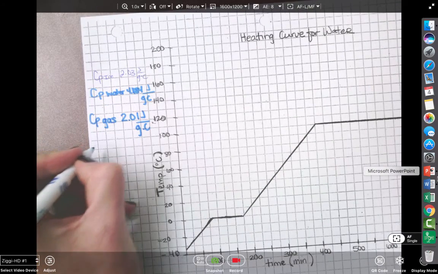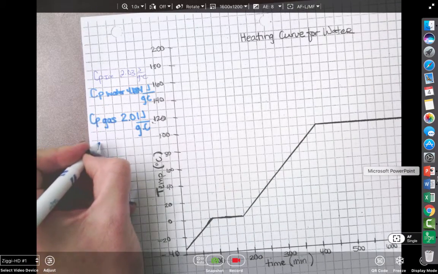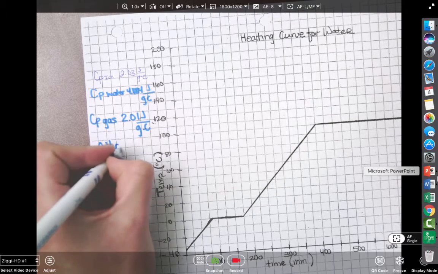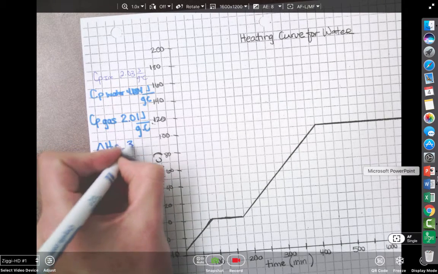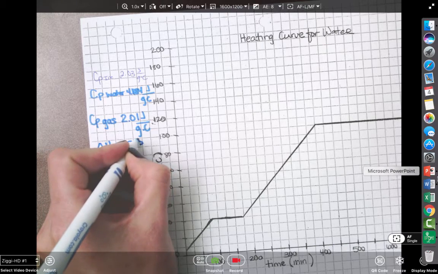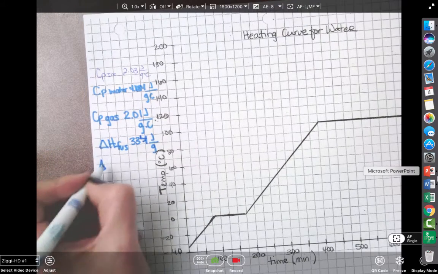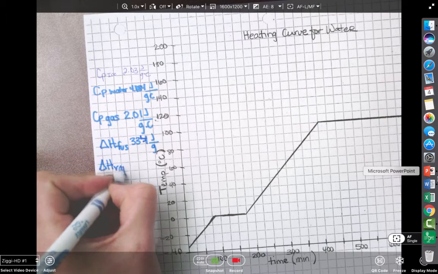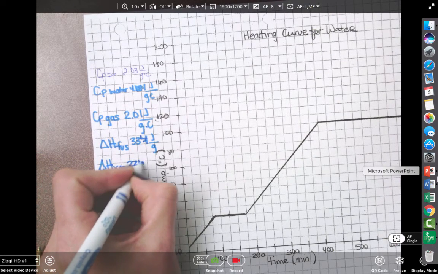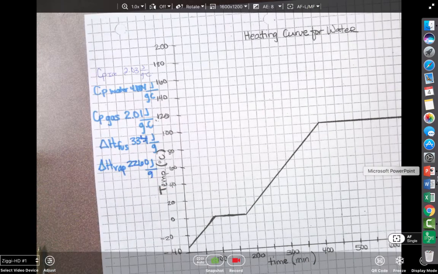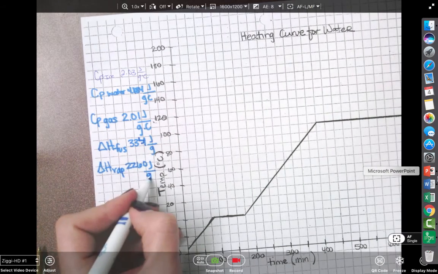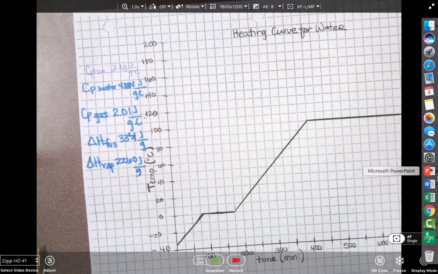I also need the latent heat of fusion, or delta H of fusion, for water, which is 334 joules per gram, and the heat of vaporization, which is 2,260 joules per gram. I need all 5 of these constants in order to solve this problem.